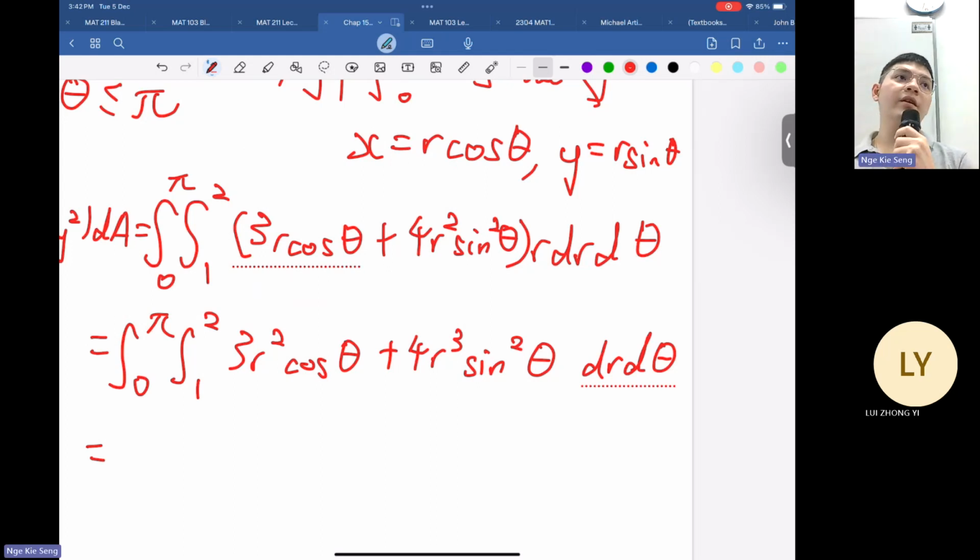It's the same. When you integrate with respect to r, you treat theta as a constant. Let's do it together.